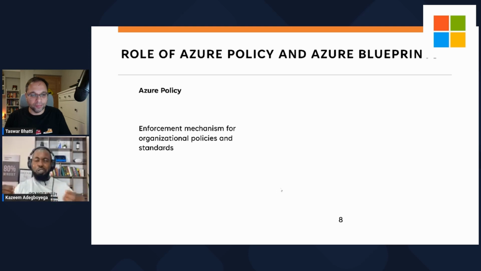You can say that it functions as a vigilance guardian, verifying that your resources adhere to the rules you've defined for your Azure environment. So that is what Azure Policy is all about.